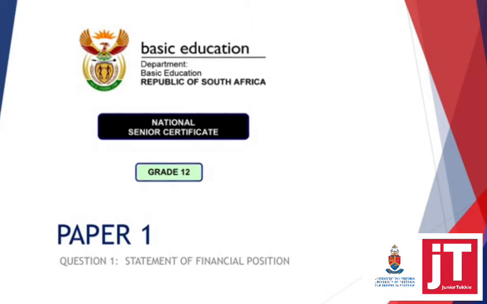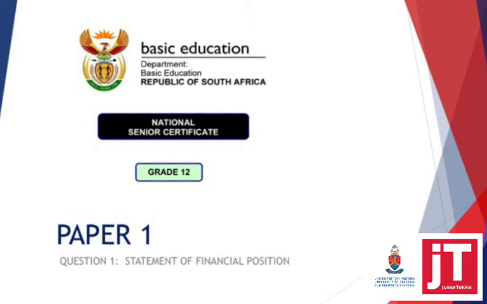Question 1, Statement of Financial Position. Remember, in our first video, we looked at how to approach this question, and we focused on the adjustments related to calculating the correct net profit after tax. And if you remember correctly, in this question you not only need to calculate the correct net profit after tax, but you also need to complete the statement of financial position.